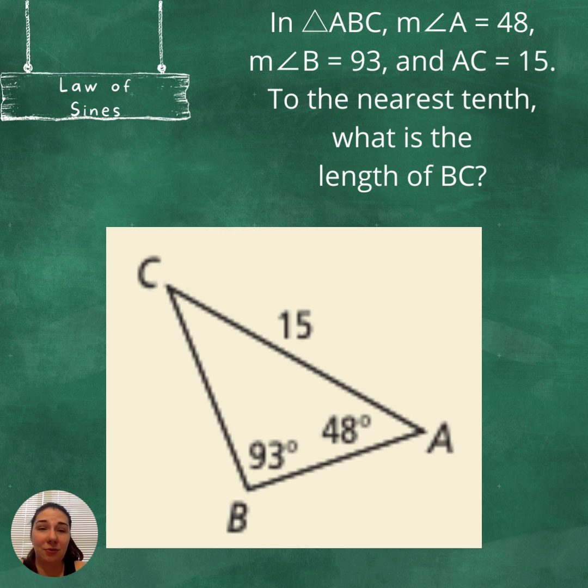Angle A is labeled 48, angle B is labeled 93, AC has a length of 15, which is labeled. On BC, I'm going to put a variable, lowercase a, because it's the side that's opposite of angle A. That's typically how you'll see certain things.